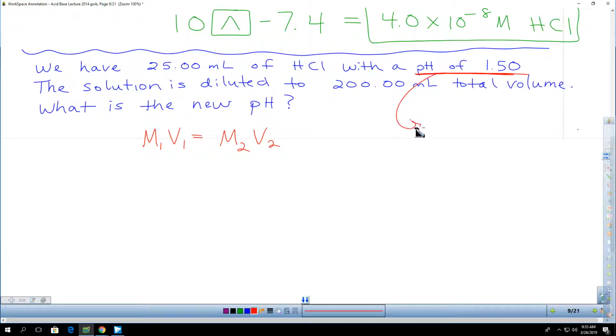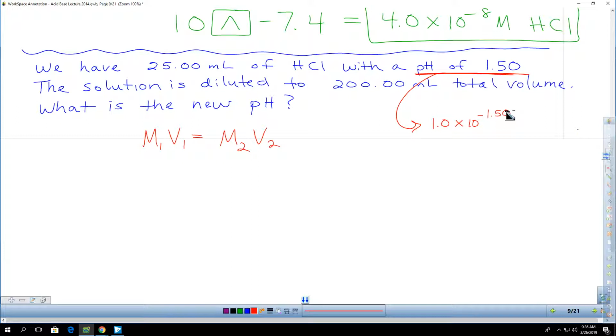All I got to do is then say that the molarity is like 1.0 times 10 to the negative 1.5, or 1.50, which again, it's a little taboo. And so we would plug that in our calculator. I'm going to skip the 1.0.